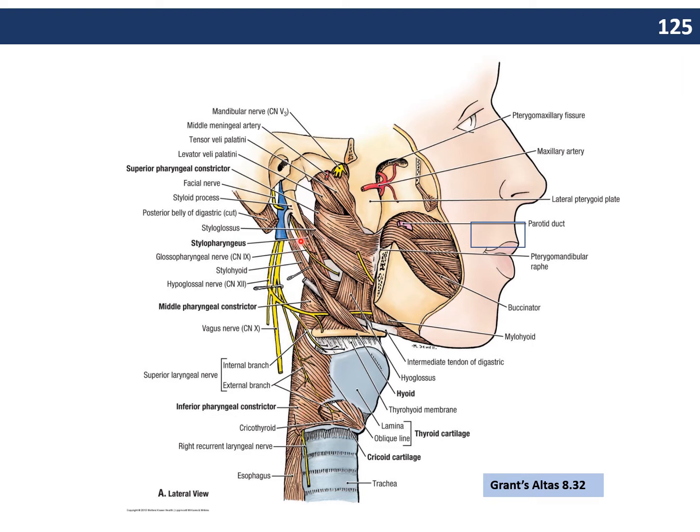Let's see, here's the glossopharyngeal nerve wrapping around the stylopharyngeus muscle. Again, notice that the glossopharyngeal nerve, its anterior path is more superior than that of the hypoglossal nerve, which we visualized when we did the submandibular area.